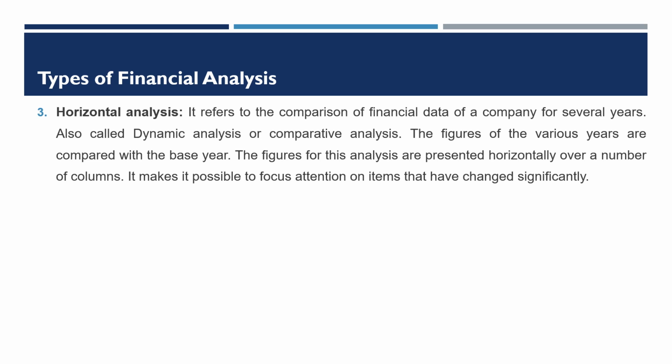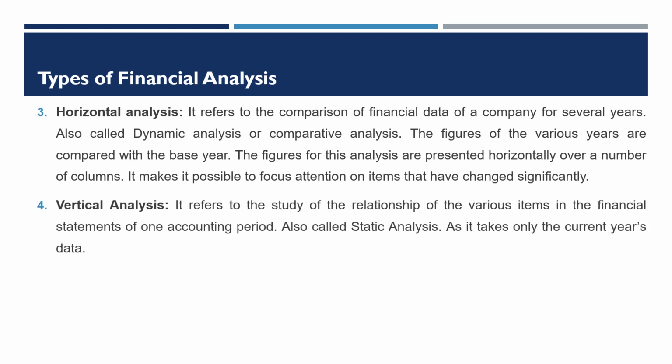The figures of the various years are compared with the base year. The figures for this analysis are presented horizontally over a number of columns. It makes it possible to focus attention on the items that have changed significantly.